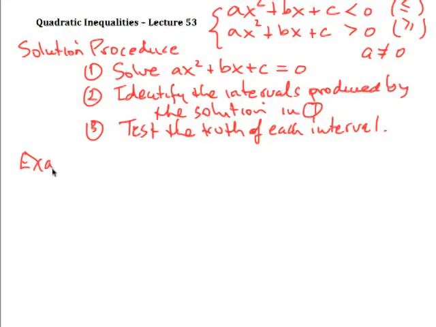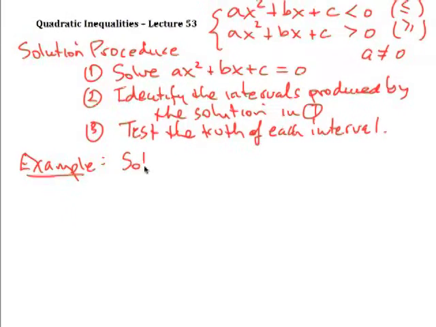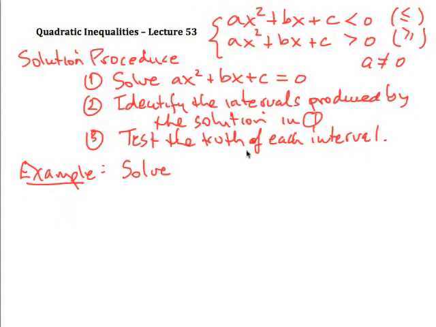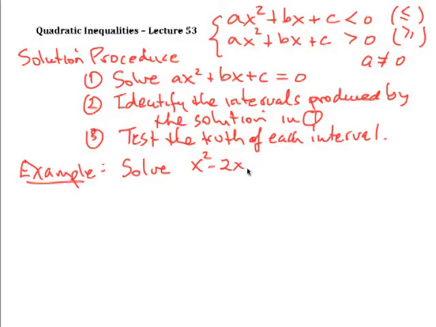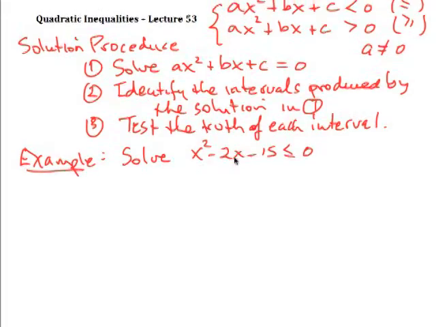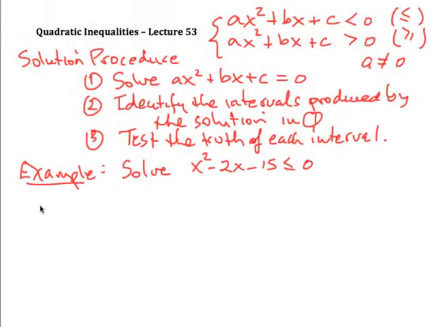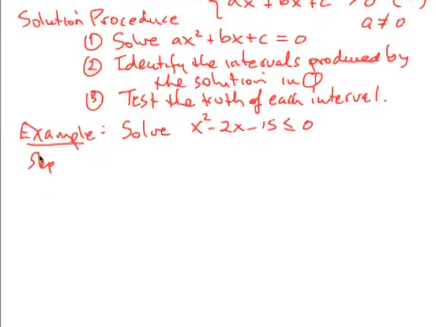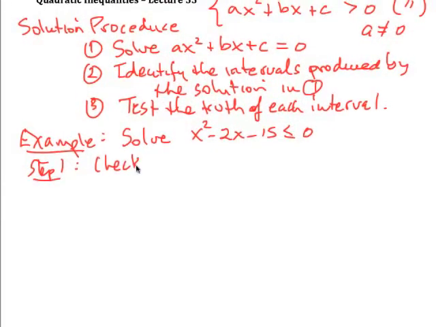So let's do an example. Let's suppose I want to solve x squared minus 2x minus 15 is less than or equal to 0. Well, notice it's in standard form, so our first step is always to make sure it's in standard form. So step 1, check first of all for standard form.